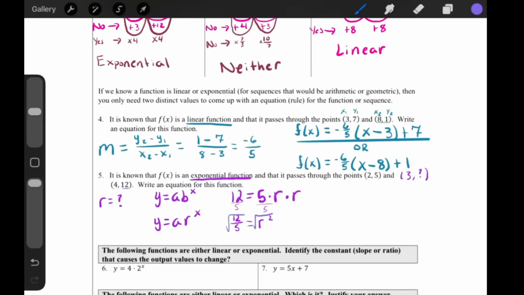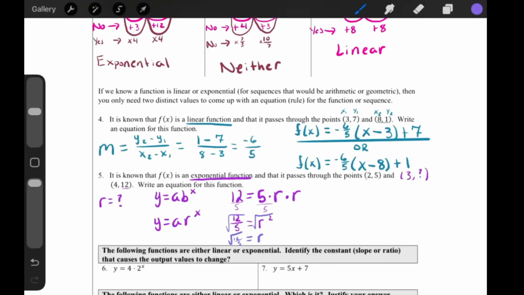We would be left with r equals the square root of 12 over 5. Now, usually there would be a plus or minus, but our ratios will not be negative.